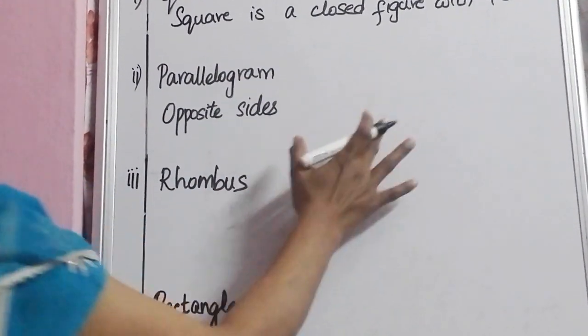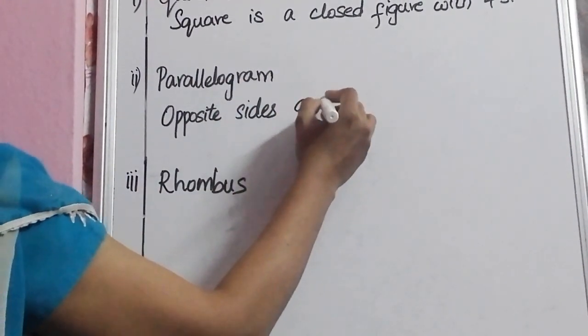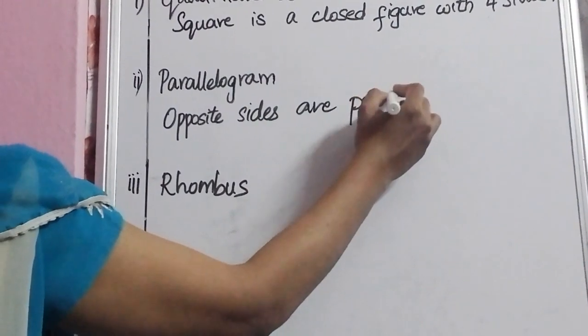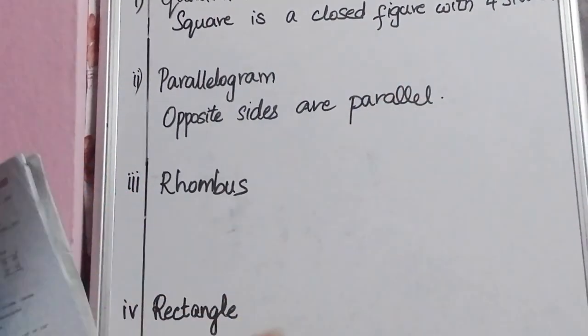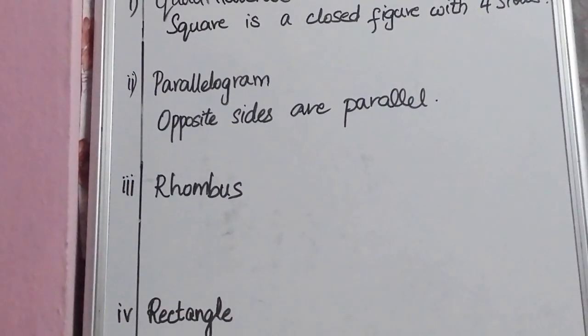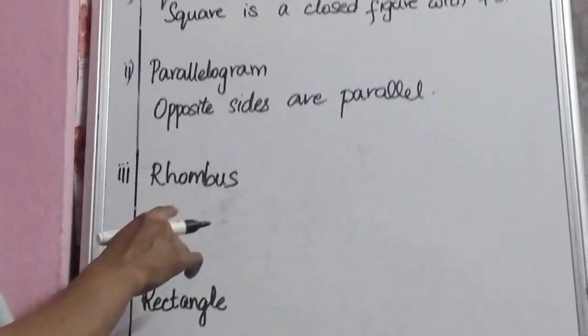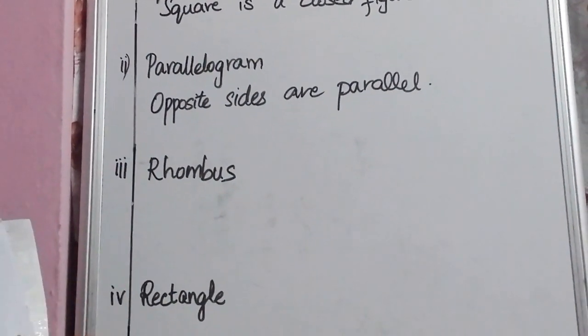For a square, you know that the opposite sides are parallel. What is the meaning of parallel? That means they cannot meet at any point. Now let us see how it becomes a rhombus.